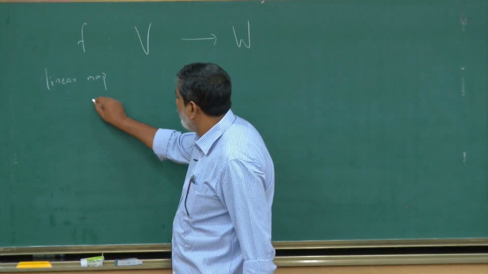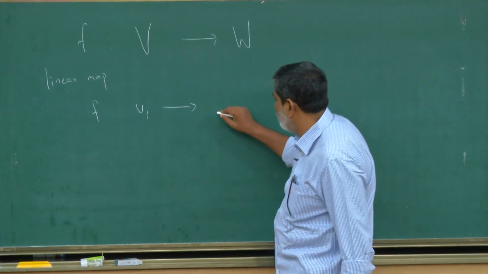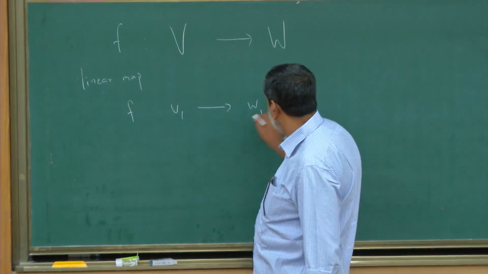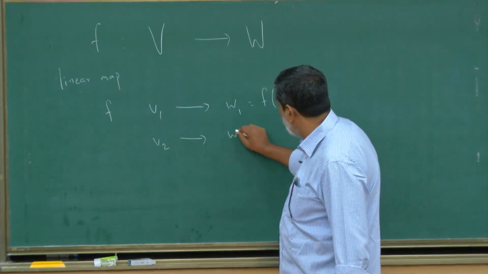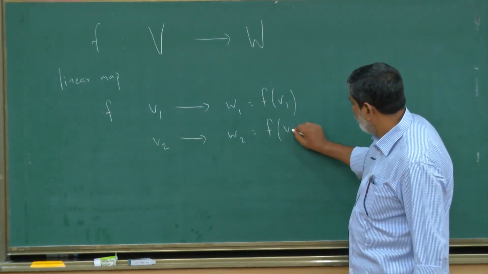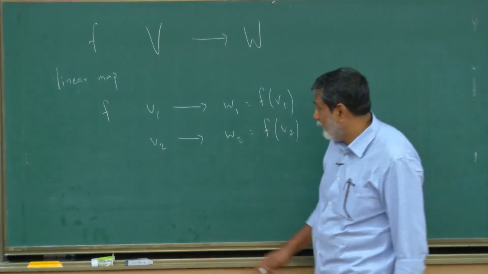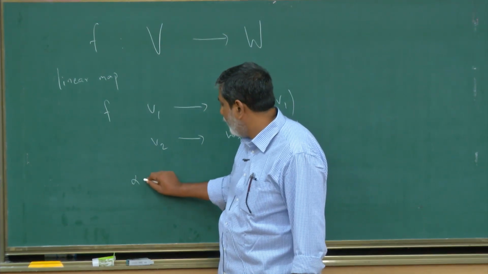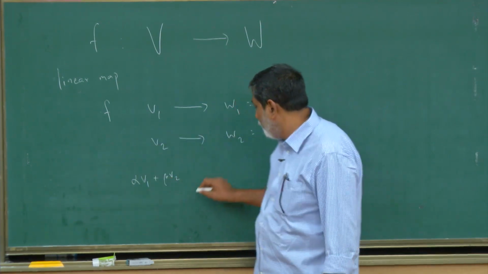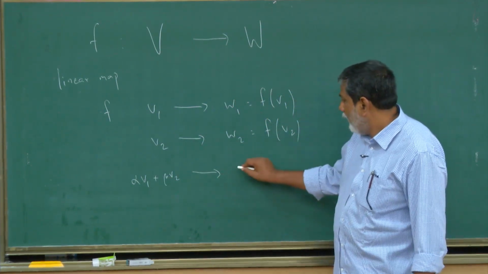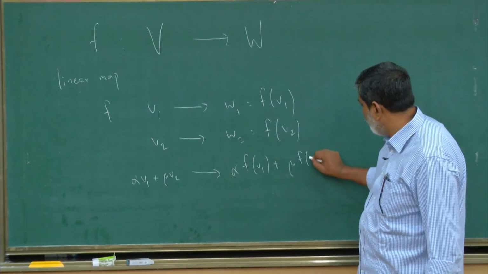So if f takes the vector V1 to, let's say, W1, and it takes the vector V2 to W2, then the linear property tells us that if I take a vector which is alpha times V1 plus beta times V2, then the same f would take you to alpha times f of V1 plus beta times f of V2.